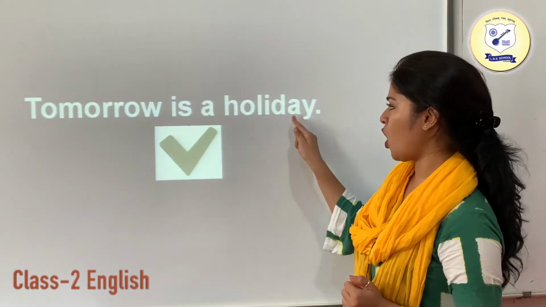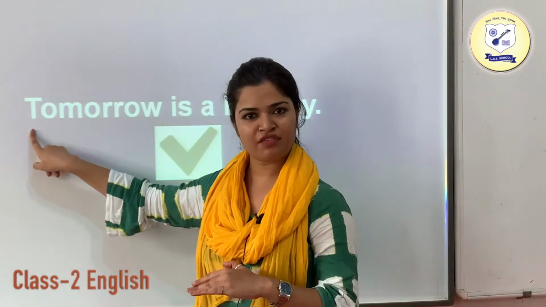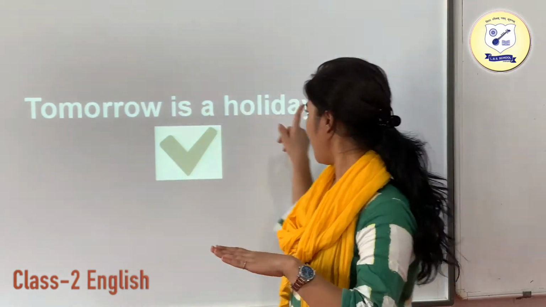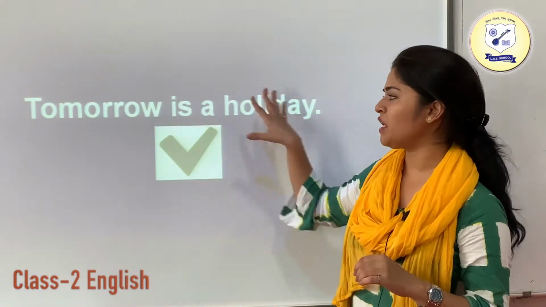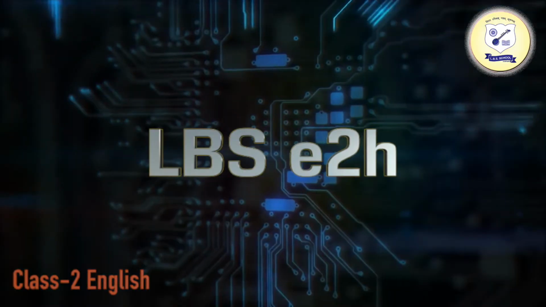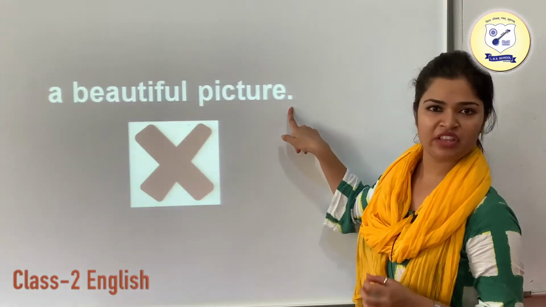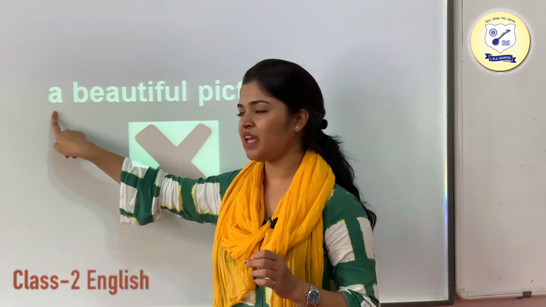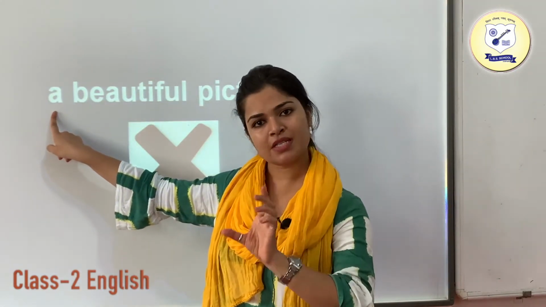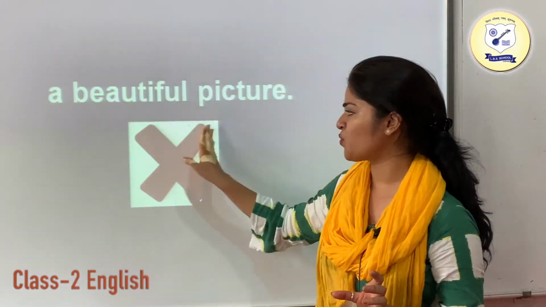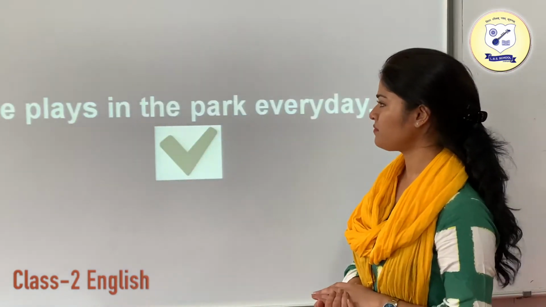Tomorrow is a holiday. T is the first capital letter and it ends with a full stop. So this is again going to be your sentence. A beautiful picture. It is ending with a full stop, but since it is not beginning with a capital letter, it is not going to be your sentence. We are just going to put a cross here.